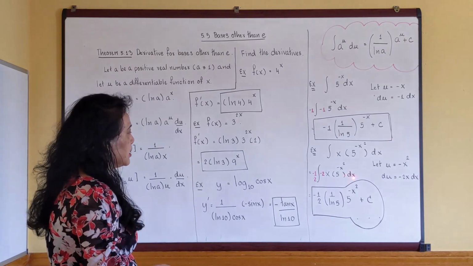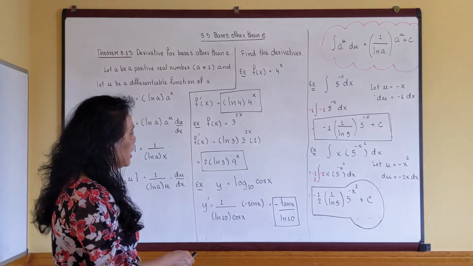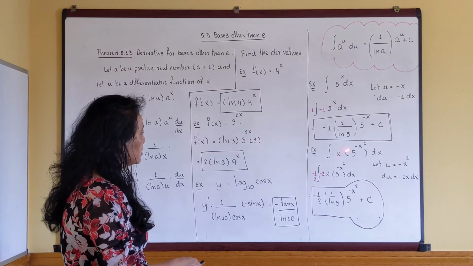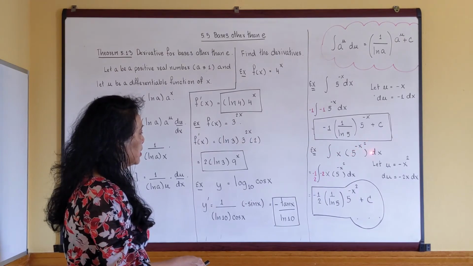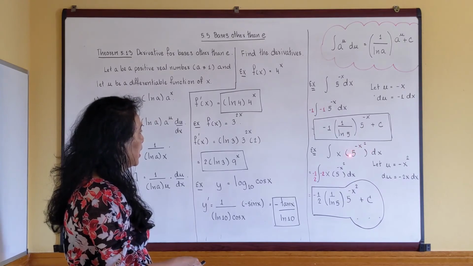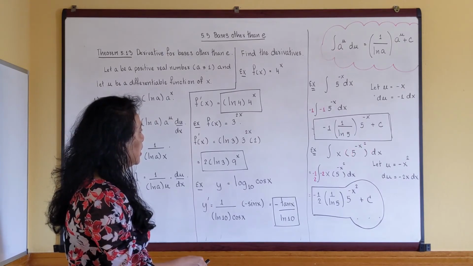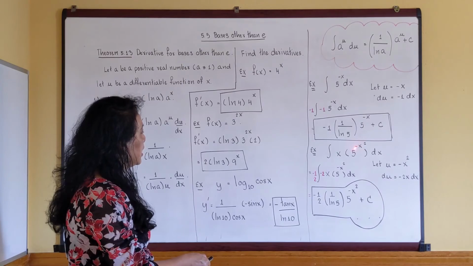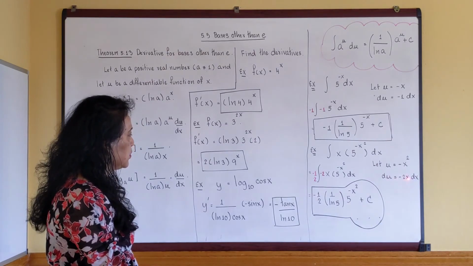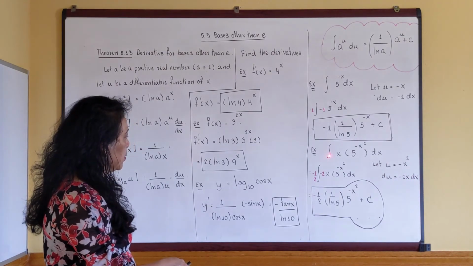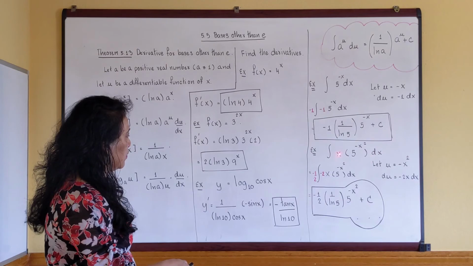Let's look at the last example. I have the integral of x times 5 to the negative x squared dx. This is my a, alright, this is my a. So my u will be negative x squared. So du will be negative 2x dx. I don't have my du here. I have x dx.